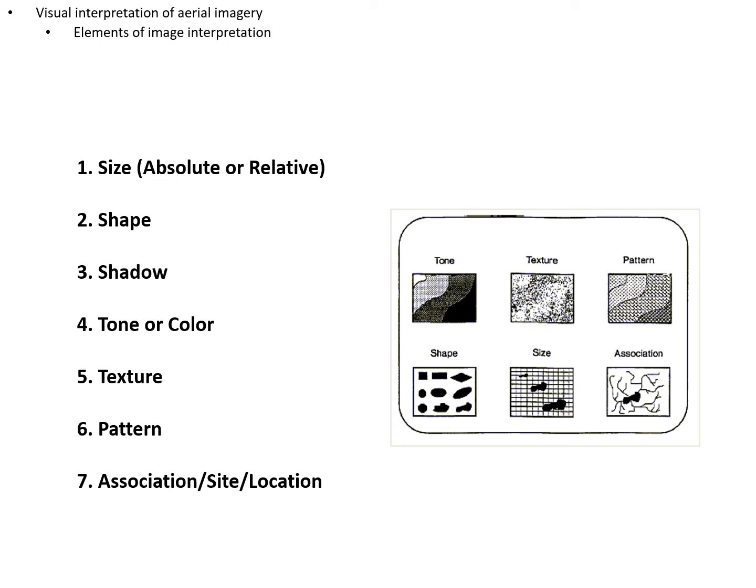We look for shadows and try to do interpretation as much as possible just knowing the direction and length of shadows. Of course, we're looking at tone or color. Tone is just the grayscale equivalent of color. We look at texture, so variability in tone, pattern, repeated objects within the images. And then we look at association, site, and location, and those are all lumped into one.